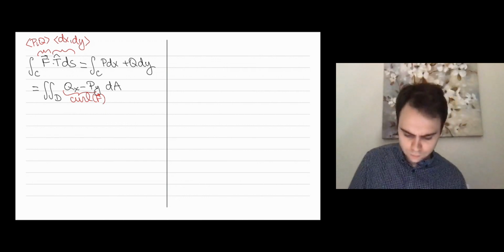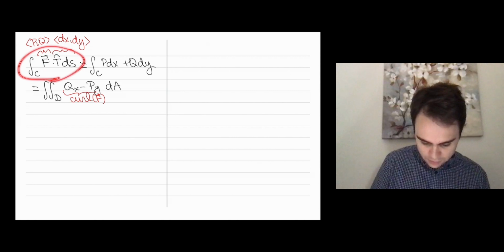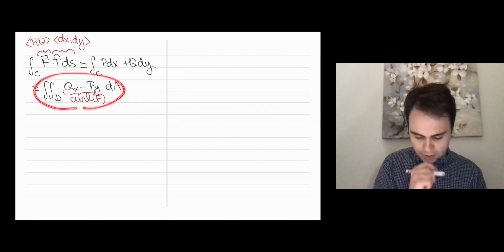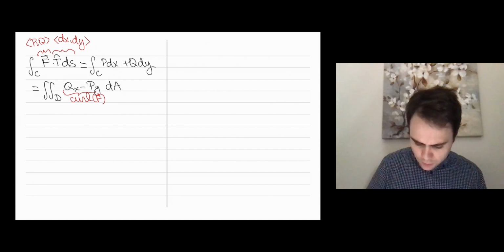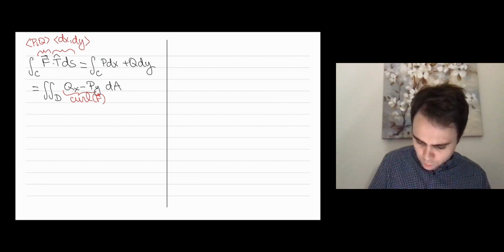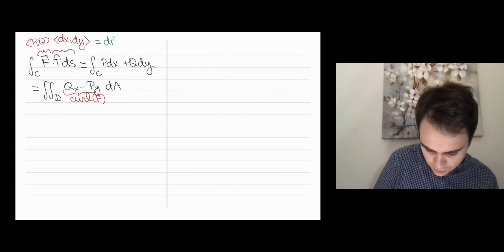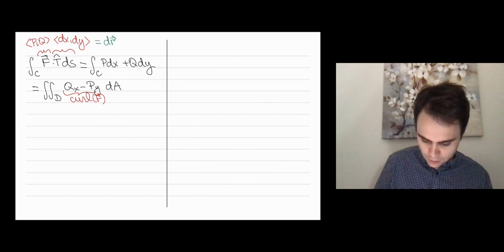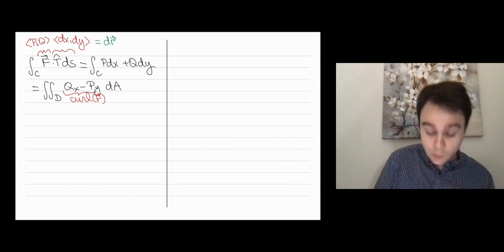And so we're happy, right? The left-hand side of the new version of the theorem is the same as the right-hand side of the new version of the theorem. I should take this opportunity to observe one thing, that dx comma dy is this vector dr, the infinitesimal.